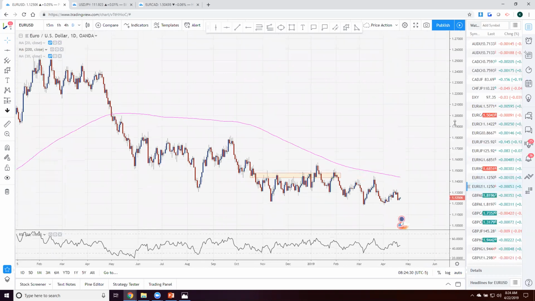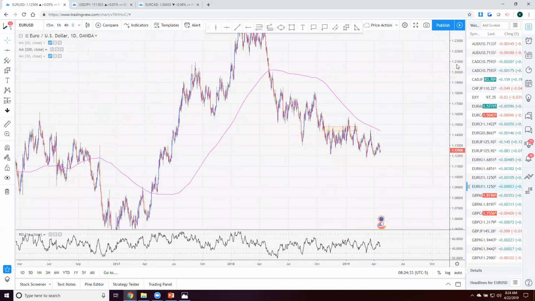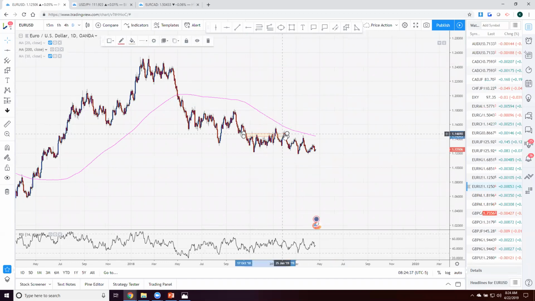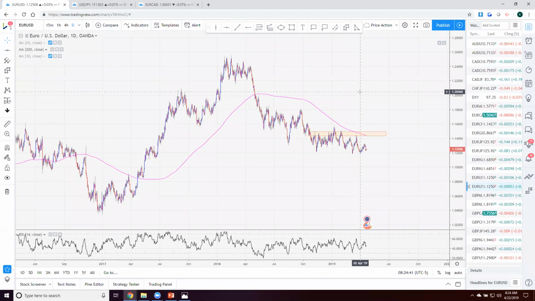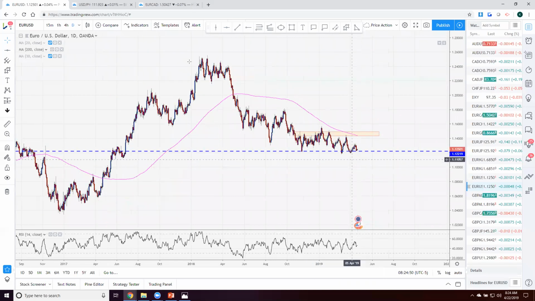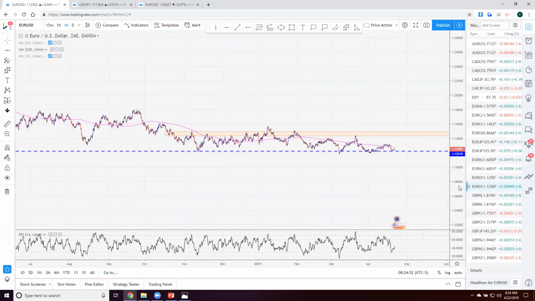So getting rid of all that, we can look at it. You can see euro dollar has been pretty choppy, not easy to trade for a while. Too much uncertainty about what it's going to do, so I haven't really looked at that too closely.